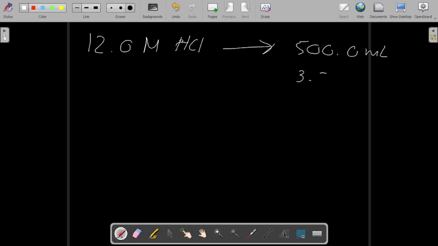Of a 3.5 molarity of that hydrochloric solution. Okay? How will he do this? We're going to be using the formula that I just showed you a minute ago to do that.